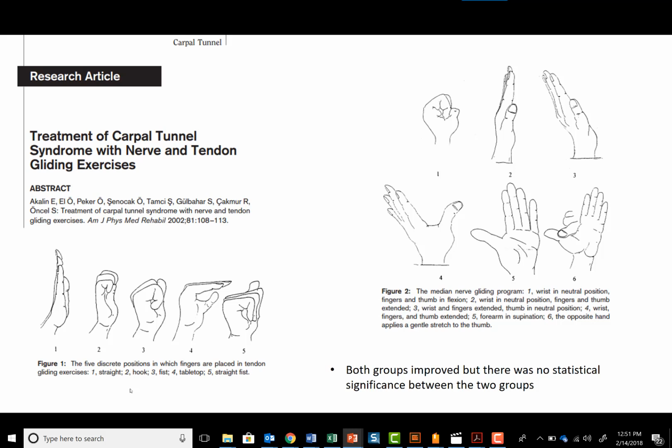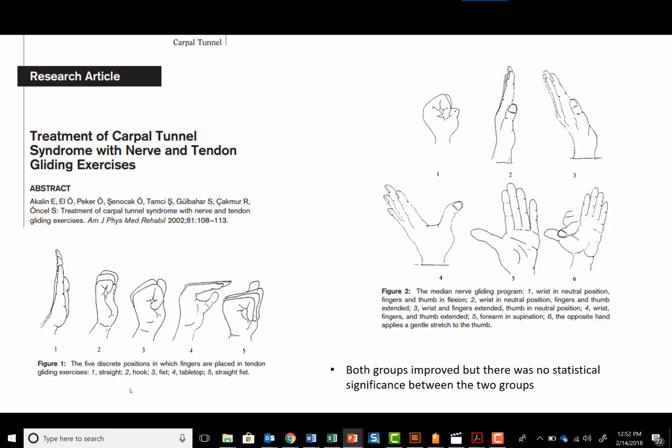So just a couple studies. You'll see on the left, those are 5 discrete positions for tendon gliding exercises. So an exercise you could give them to glide the tendons that run through that carpal tunnel, the flexors.